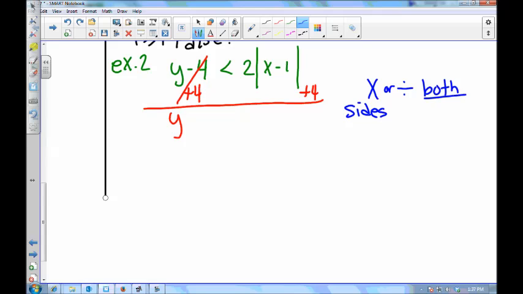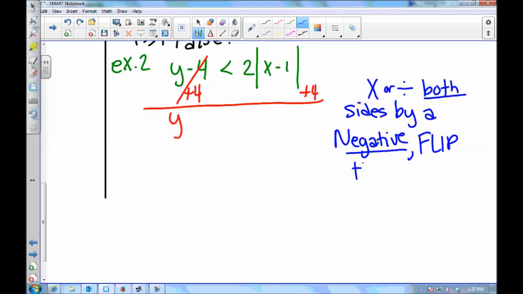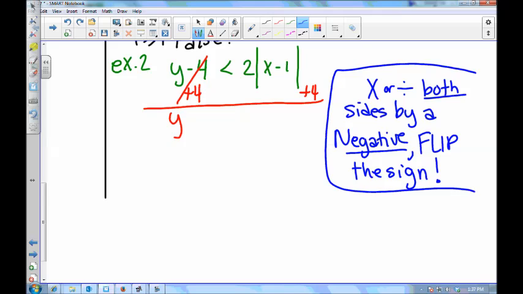It's in the process of solving the problem you multiply or divide on both sides by a negative. You flip the sign. So if it was a less than sign, it flips to a greater than sign. If it was a greater than sign, it flips to a less than sign.